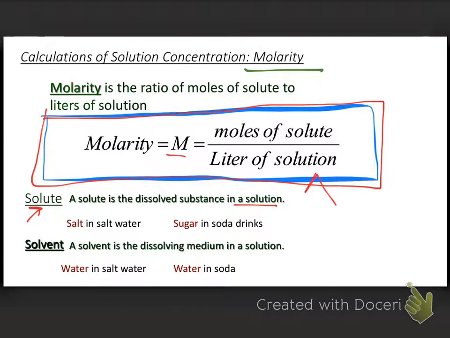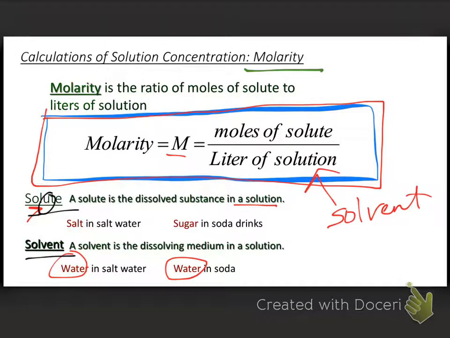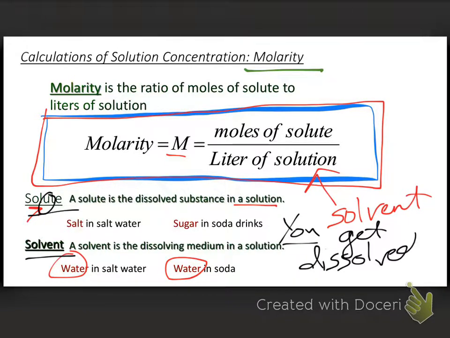And then when we talk about liters of solution, that is made with the solvent. Okay, solvent is the thing that does the dissolving. Most cases, it's going to be water because water is used a lot. And remember, because these things are so similar, I always remember the U in solute is you get dissolved. Then I don't get those mixed up.